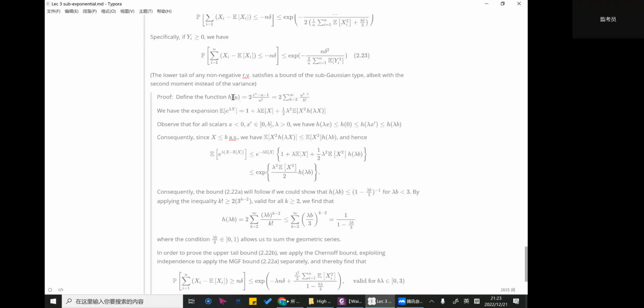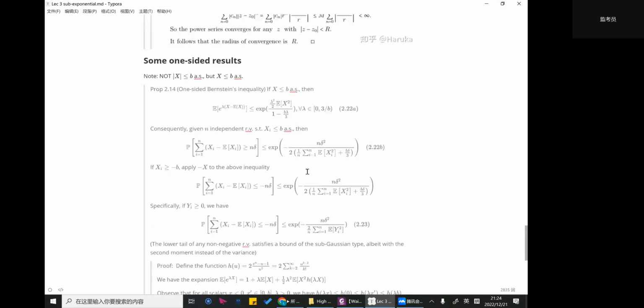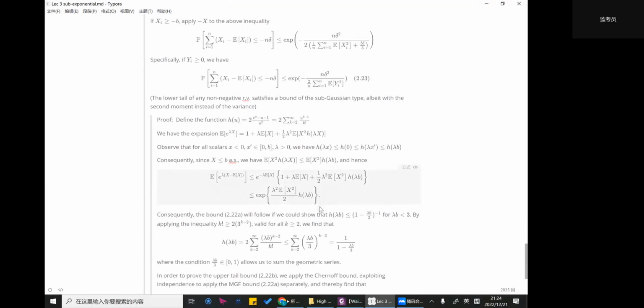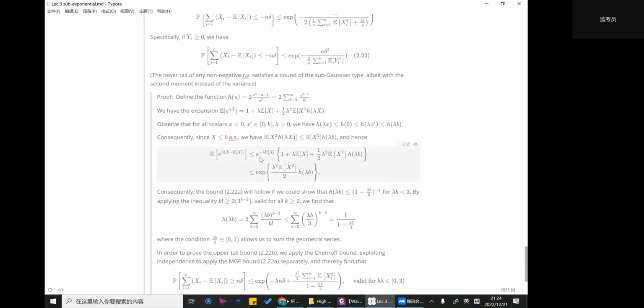This is an increasing function, by the way. From this to this, here is also an assumption that x is zero mean. Not zero mean. So why does it get from here to here? Oh, alright.